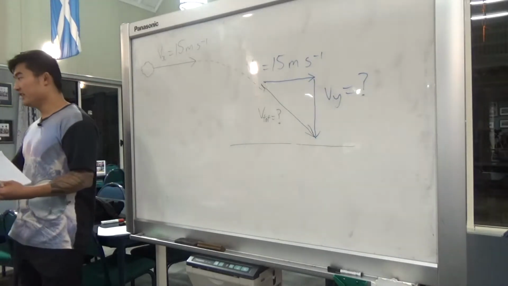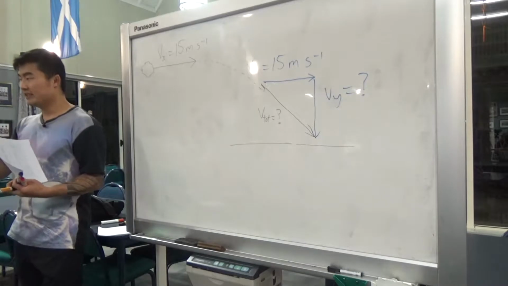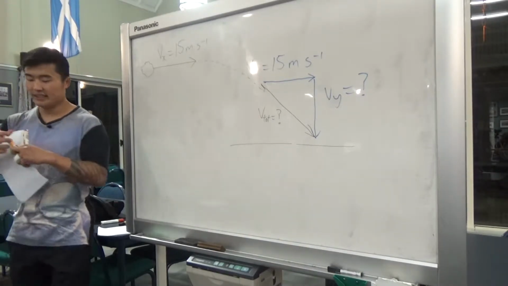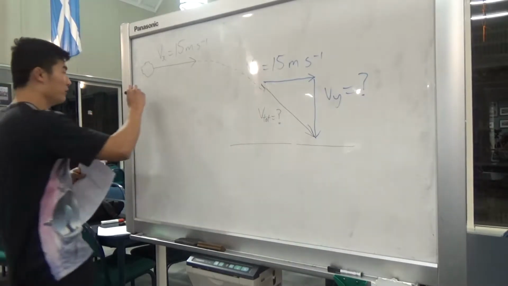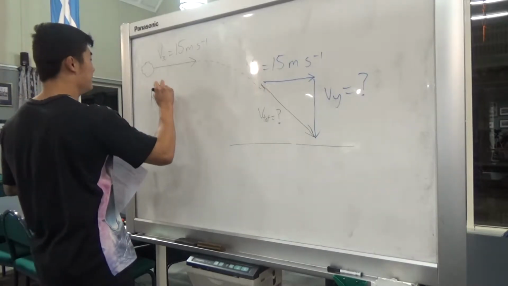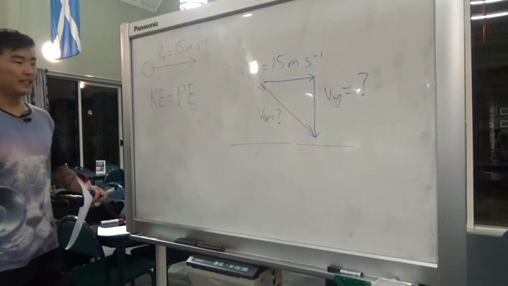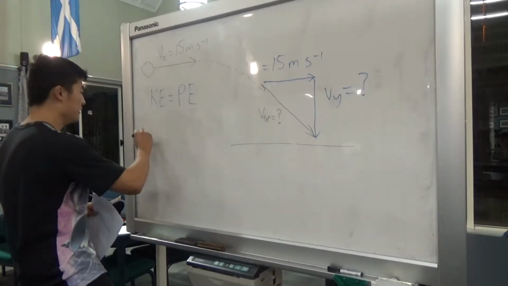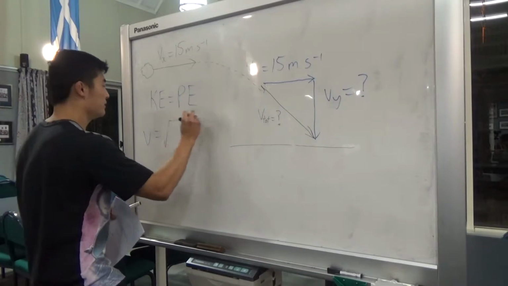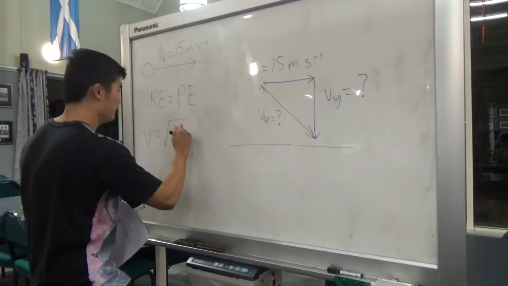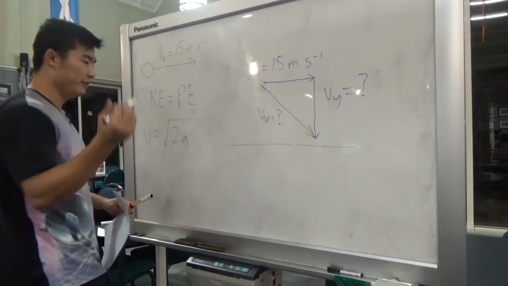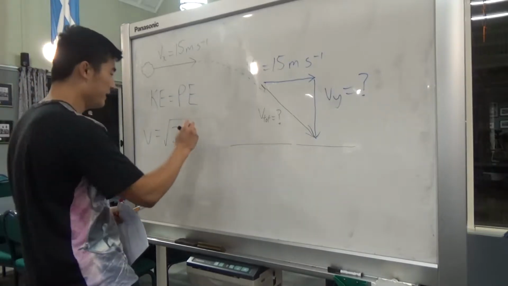There's no air friction, so the kinetic energy when it hits the ground will be equal to the potential energy that it had at the top. So KE is equal to PE, potential energy. And if that's the case, you can use this equation here. The velocity will be equal to the square root of 2 times gravity times the height.